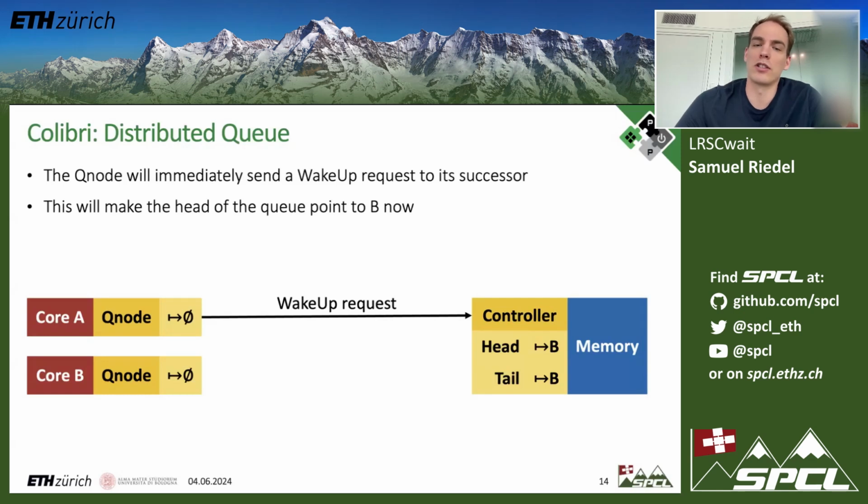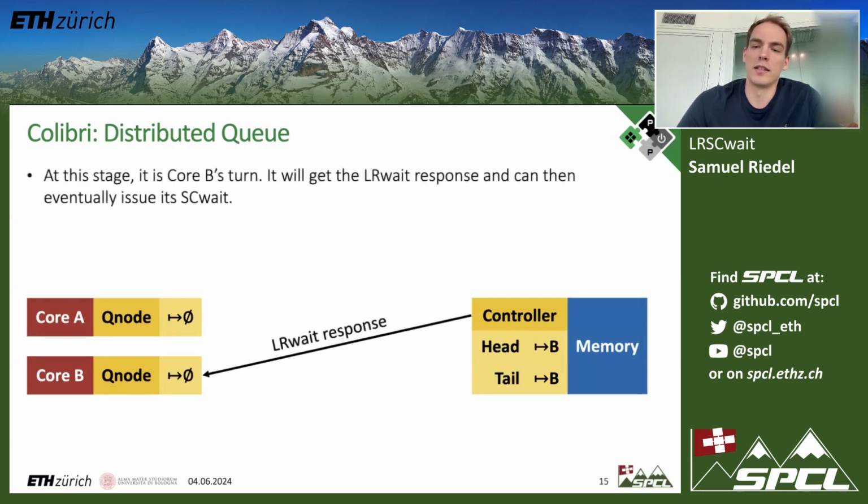So with the store conditional, we also send a wake-up request, which essentially communicates the successor of A to the controller, so B can now be the new head. And at this point, since B just became the new head, it will also get the latest value of the memory. It will get its response of the load reserve wait, and then it can also complete its store conditional wait.